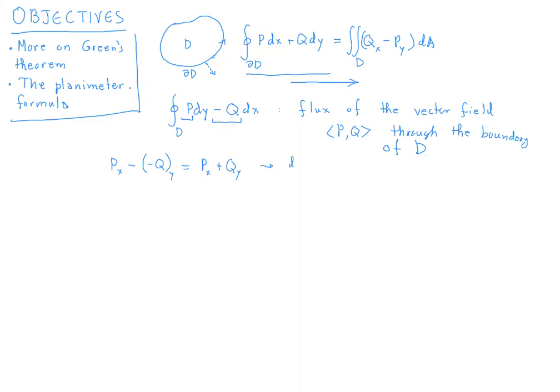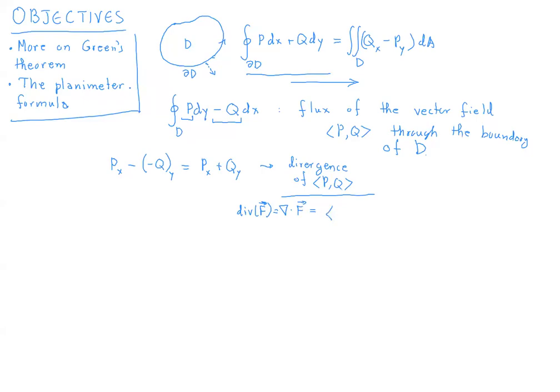which is a new expression, which we call the divergence of PQ. And it also has a vector expression, which is similar to that of the curl. Instead of the cross product, we use the dot product. If we call this the divergence of the vector field F being P comma Q, then this can be defined as the gradient operator dot with the vector field itself.